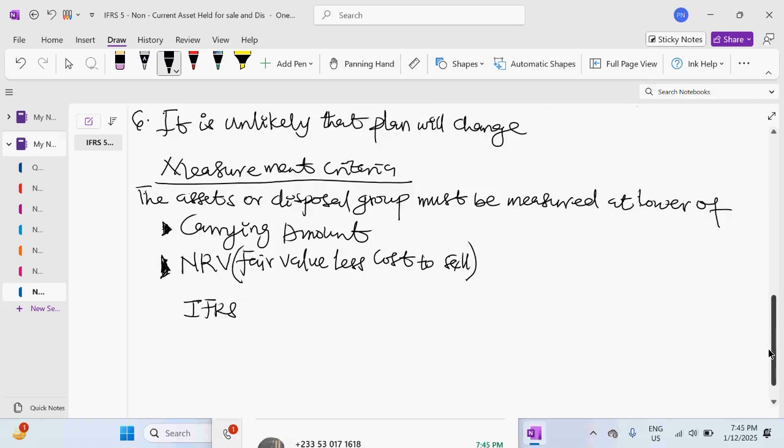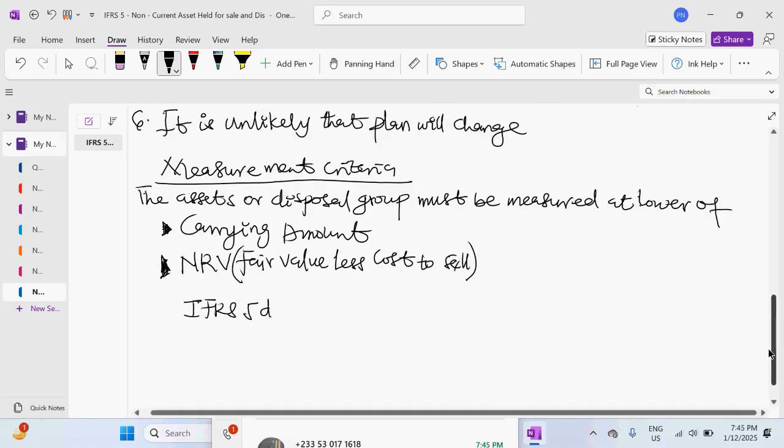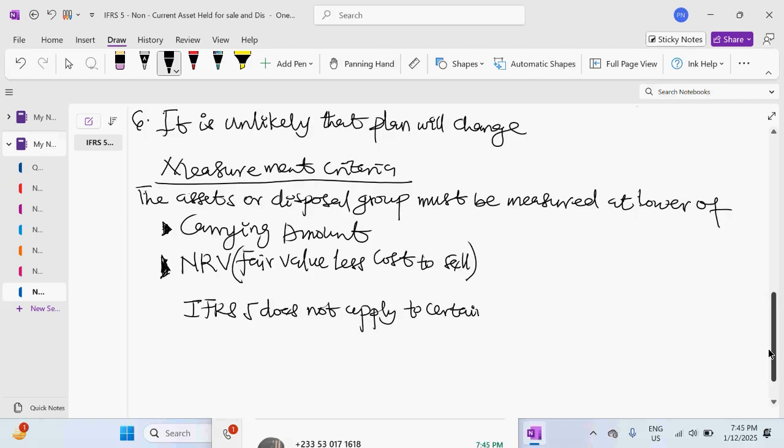IFRS 5 does not apply to certain assets covered by other accounting standards.